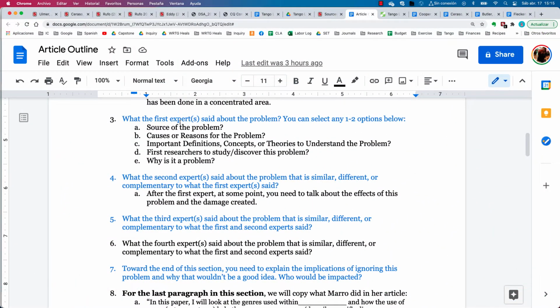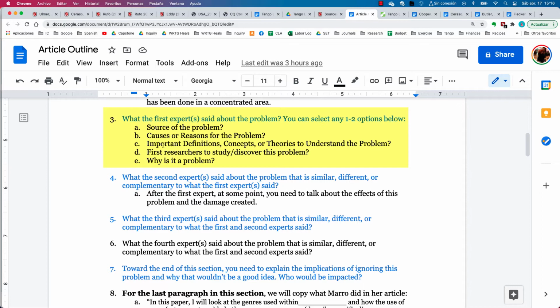Once you introduce the actual problem, then you're going to summarize what your first expert says about that problem. And I state here you can select any one or two options below. So it's not a checklist where you have to do each one, but you can select these as options to use in your paragraph or paragraphs. With this first source, you can talk about the actual source of the problem, the main causes of this problem.